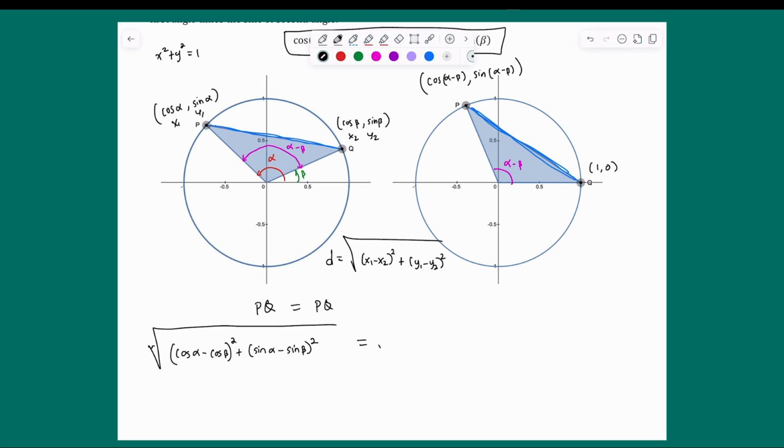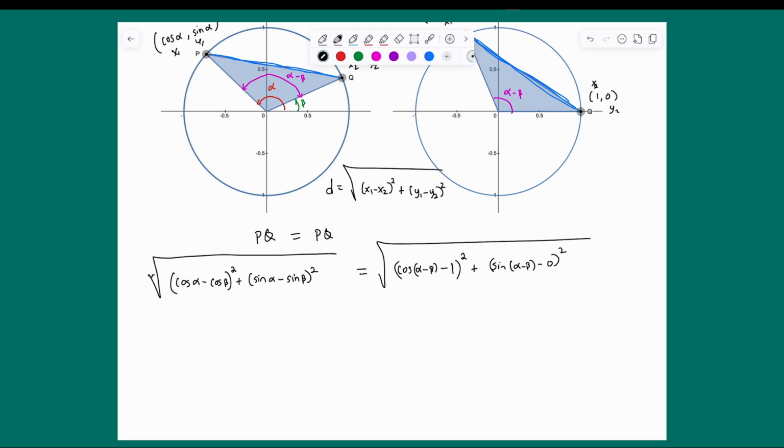So we get the line segment where we have cosine of alpha minus beta minus 1, squared, since 1 is our x2, plus sine of alpha minus beta minus 0, squared.